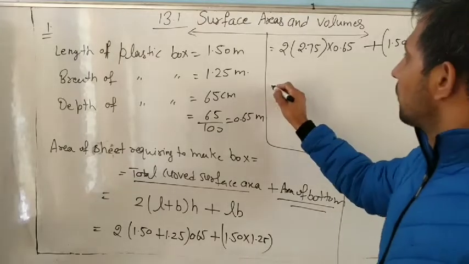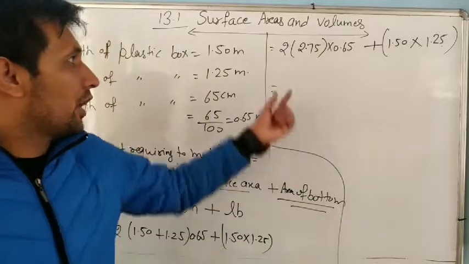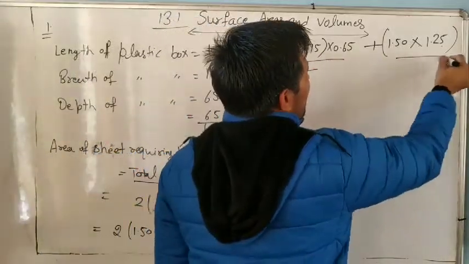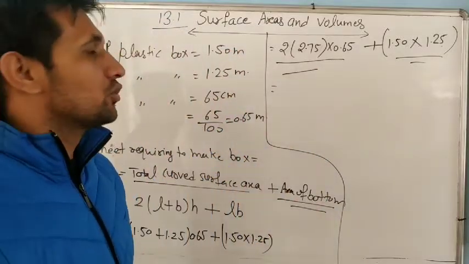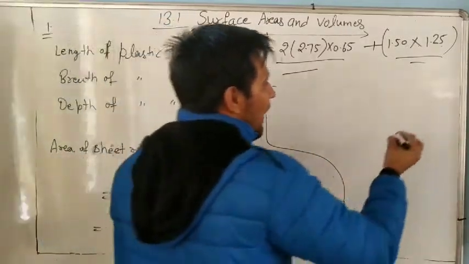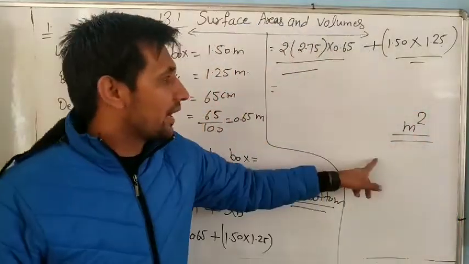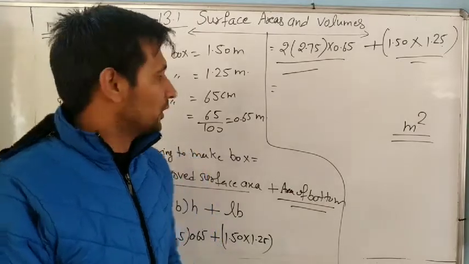This one you will solve yourself. It is only calculation, you have to multiply. First we will solve this one and multiply this one and add both values. And in the last, area always comes in square, so meter square. Understand? I think you can do it yourself.